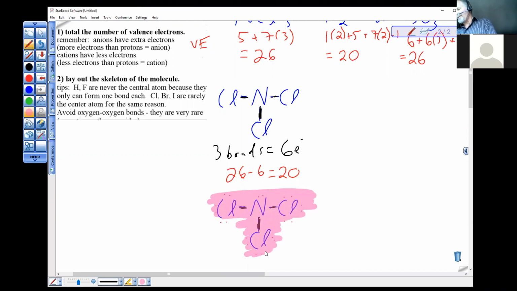And there it is. Pink almost hides the lone pairs, but you can see them. Okay, final answer for NCl3 right there. We'll do a geometry review later. Not this time, but later.